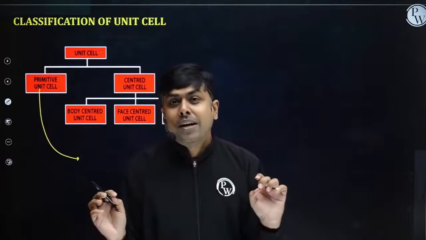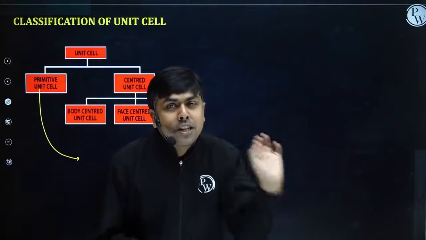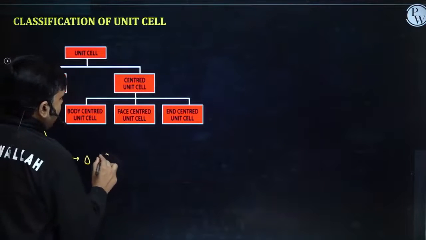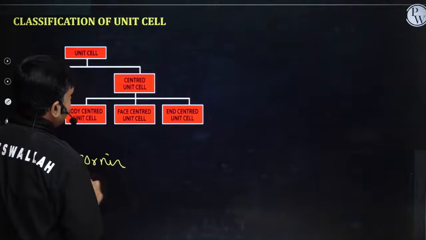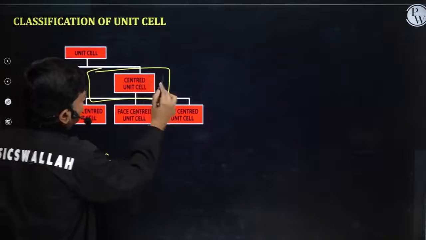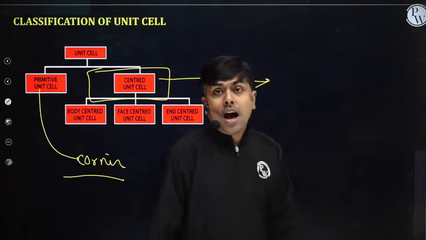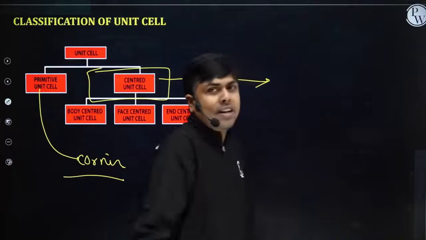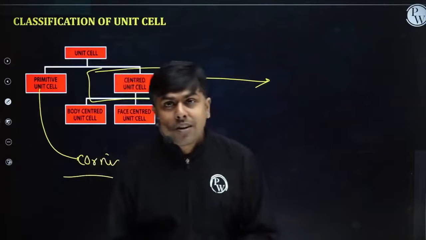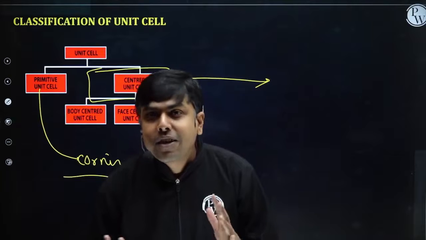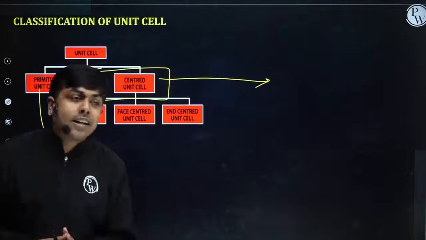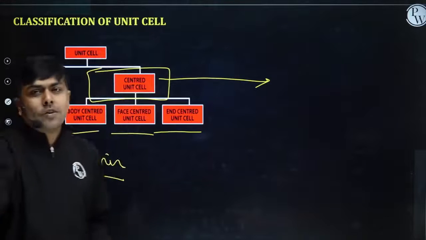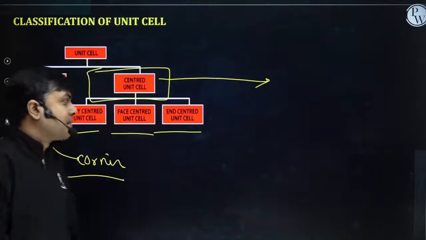Whereas in a centered unit cell, the constituent particles are present at the corners as well as at the center. The different types of centered unit cell are body centered, face centered, and end centered unit cell. We'll talk about all these centered unit cells one by one. Okay, let's move ahead.